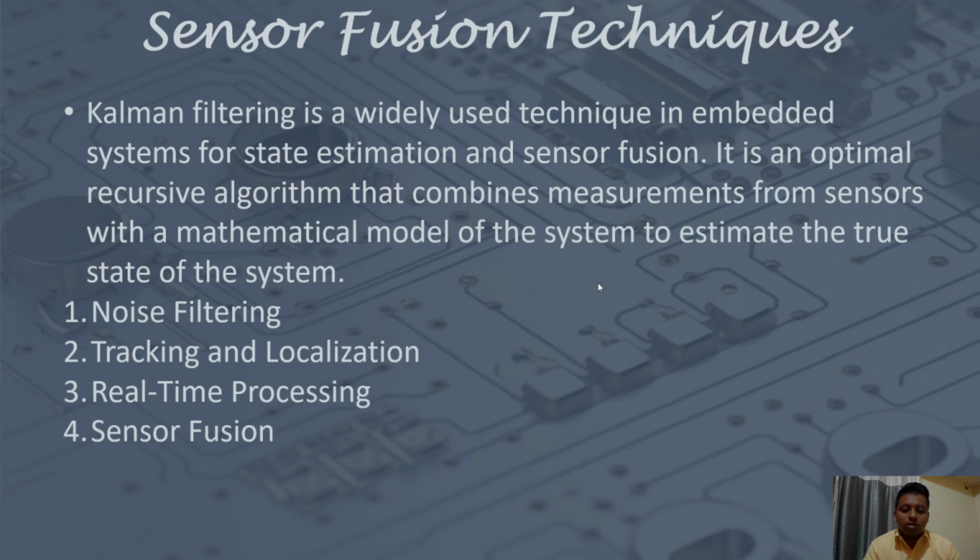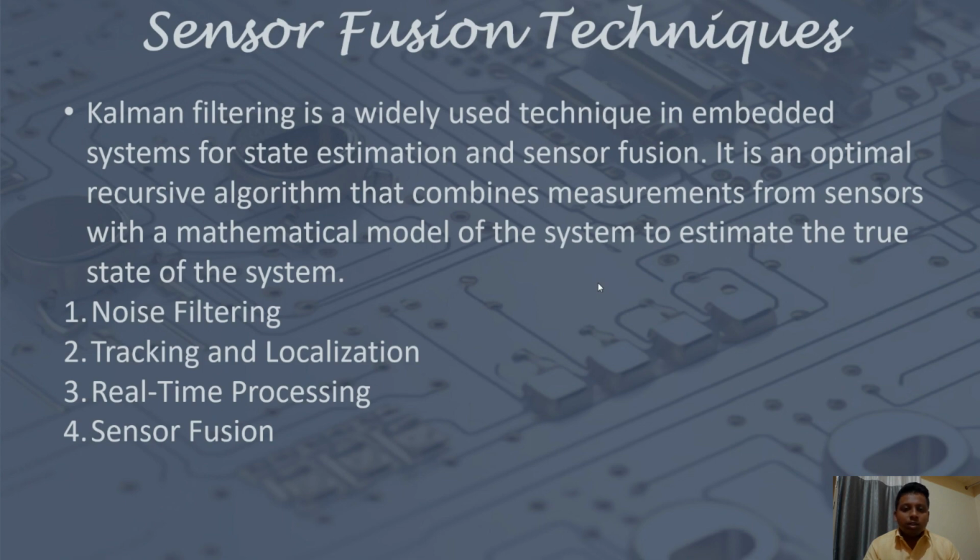Sensor fusion. This is the use of combining many sensors and making them one sensor. This technique can be used in many ways, and the main part of the sensor is the algorithm and the mathematical model of the system.